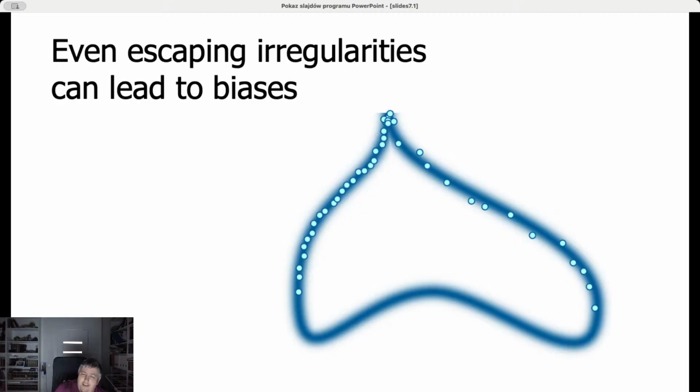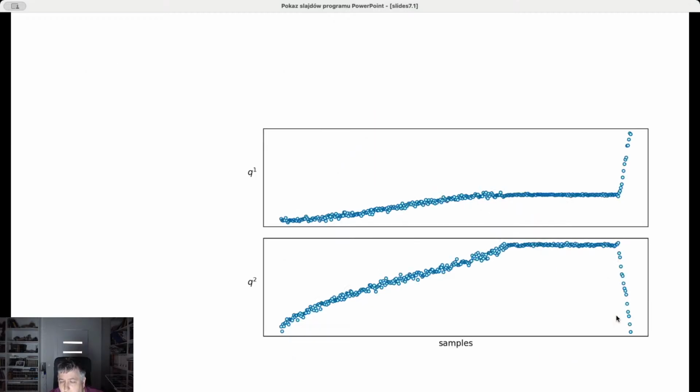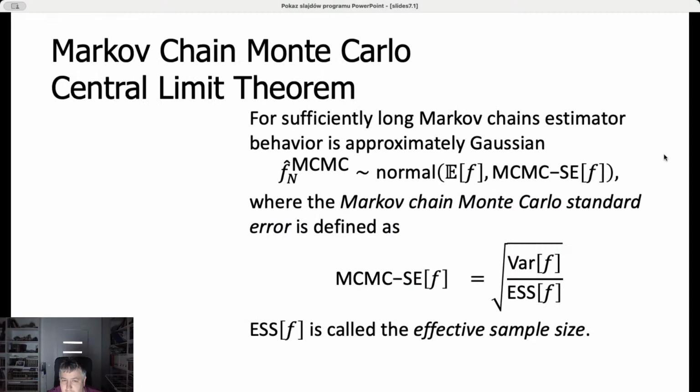And even if we escape this choke point here, our estimate can be biased because we have a lot of samples here and we do not have other samples from the typical set. And that is a problem that needs some kind of quantization.